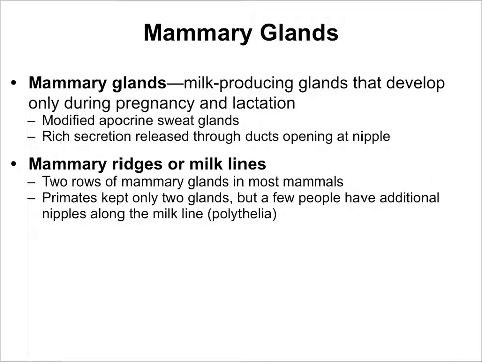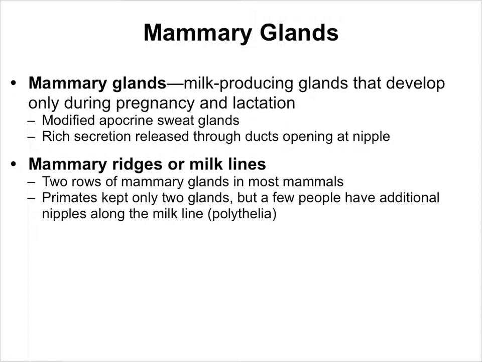These are modified apocrine sweat glands, and these ones, my understanding is, actually do produce milk through an apocrine method. So they actually do break off the apical portion of their cells, and it dissolves into, well, milk. So the milk is, of course, going to be rich in proteins and fats.